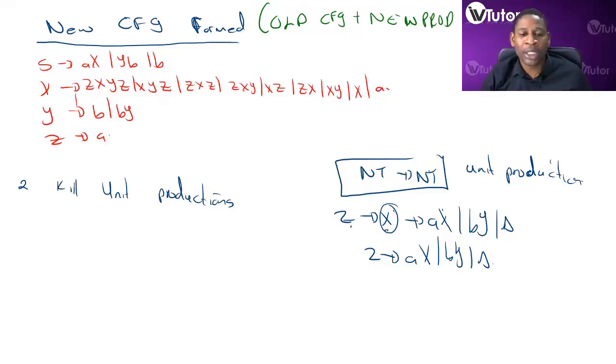So to kill those unit productions, we need to list the unit productions.